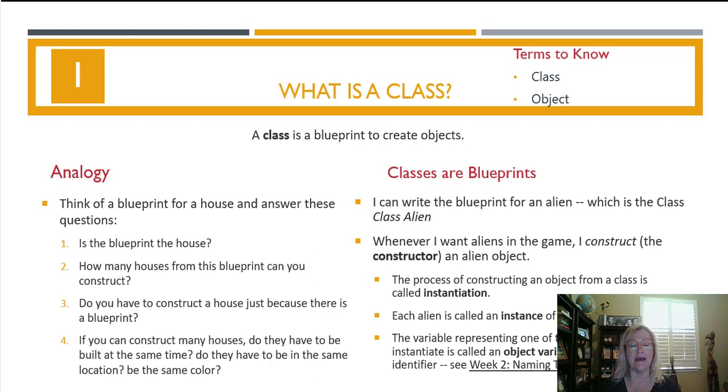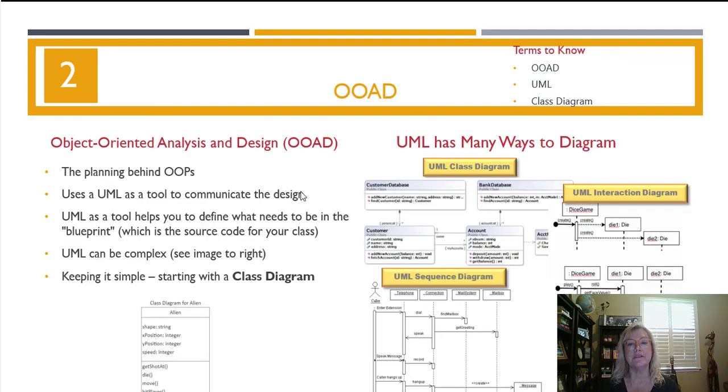The process of me saying I need to construct an alien is called instantiation. Each alien is called an instance of the class Alien. And the variable representing one of those objects that you create, say, of those 55 aliens, we'll call an object variable. And if you recall, you're going to follow the naming conventions we talked about last week.